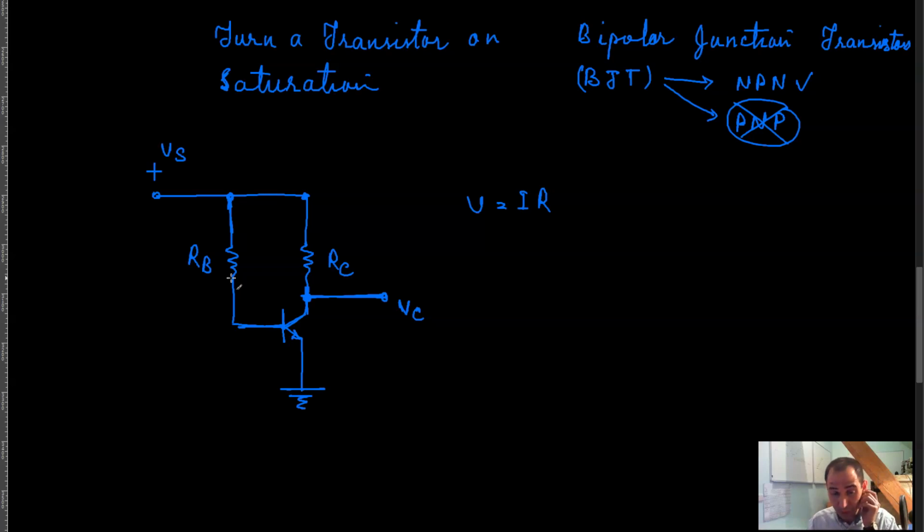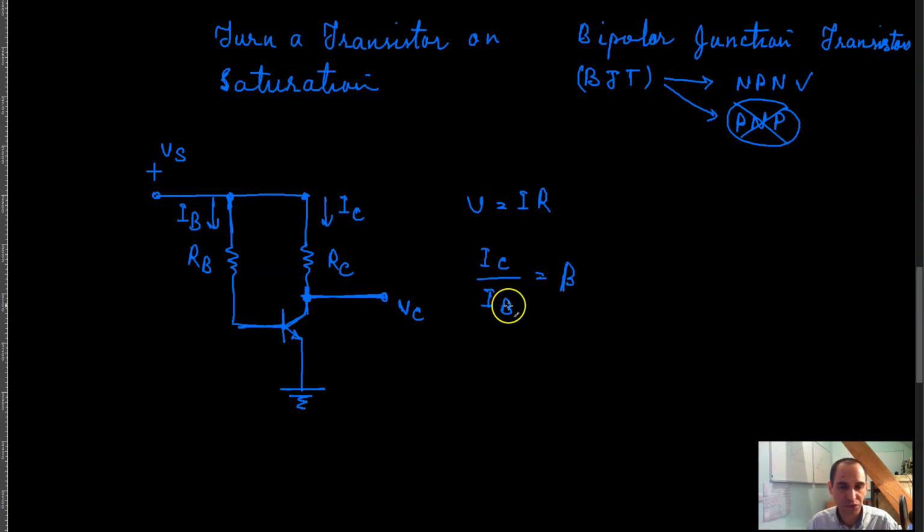There is a relationship between these two currents. The current going through this branch over here, which I call I of B, and the current going over here, which I call I of C. Now this I of C to I of B ratio is called the beta of your transistor, or the gain factor of your transistor.